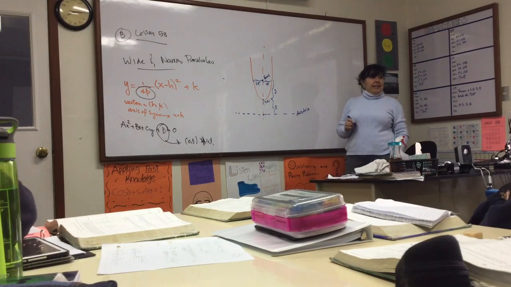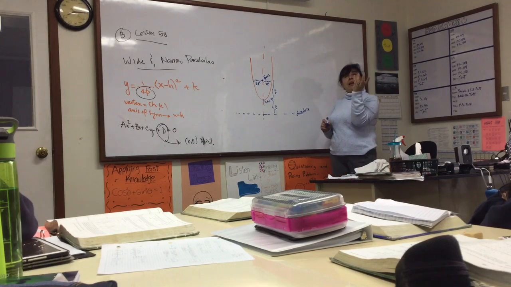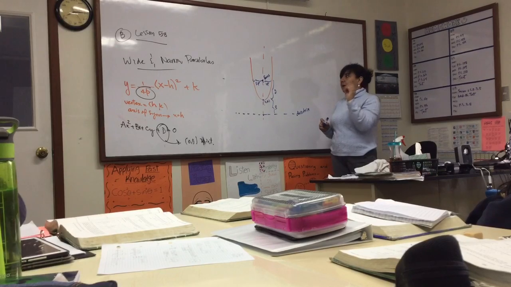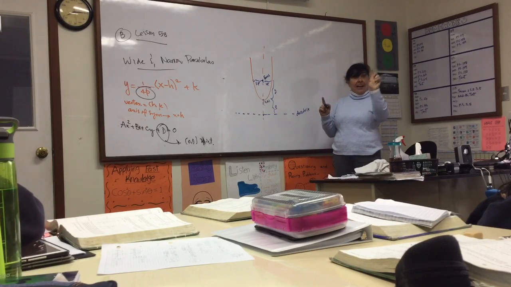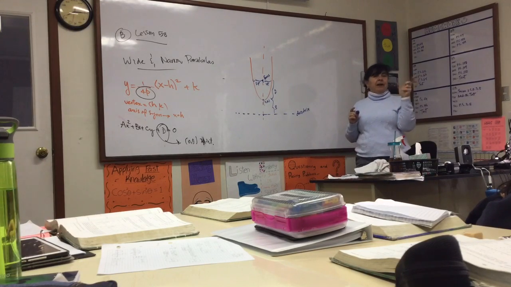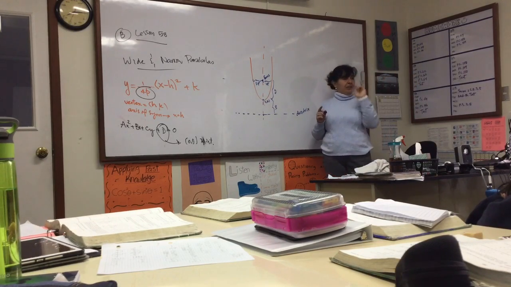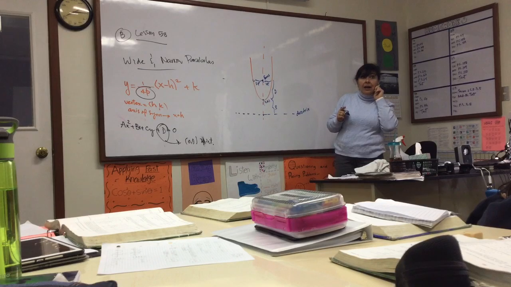The focus is one of those things that is extremely important because it's the place that is equidistant. If you were to take the parabola and spin it around, what kind of a shape do you think you get? You take a parabola and you make it spin. Half an oval?